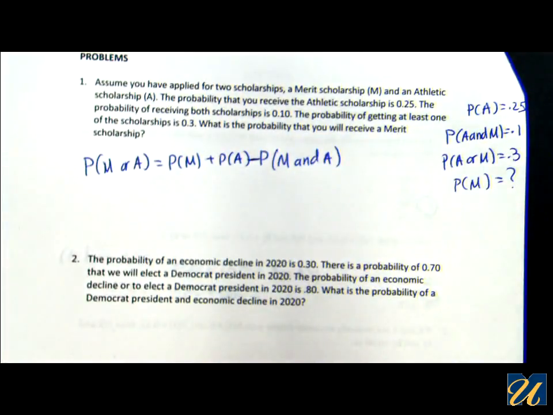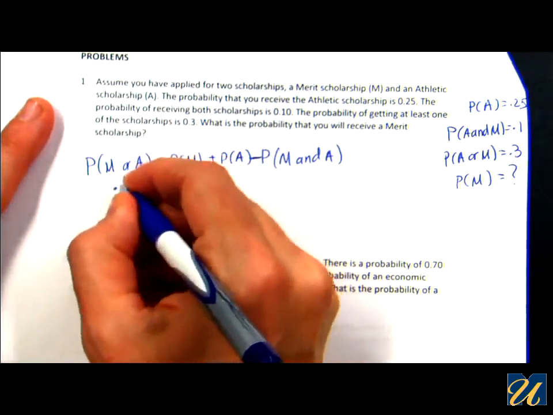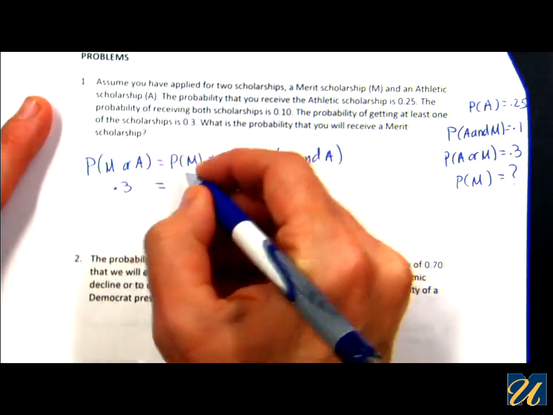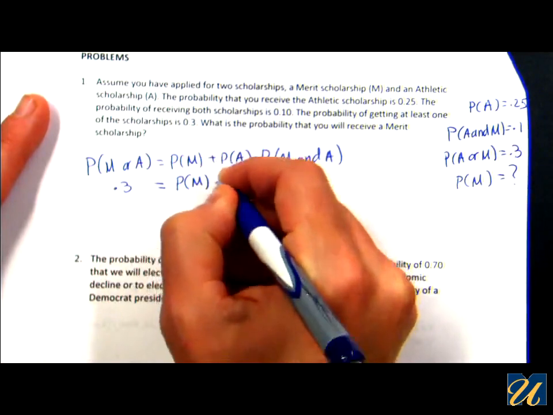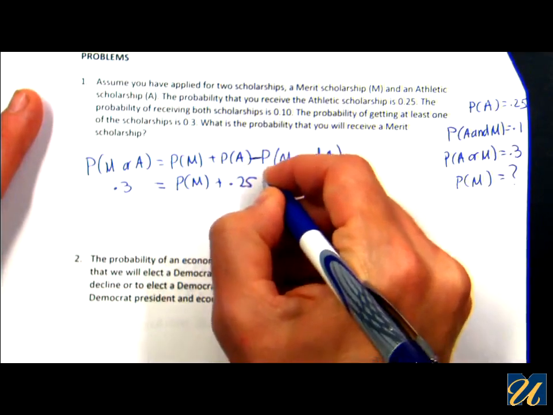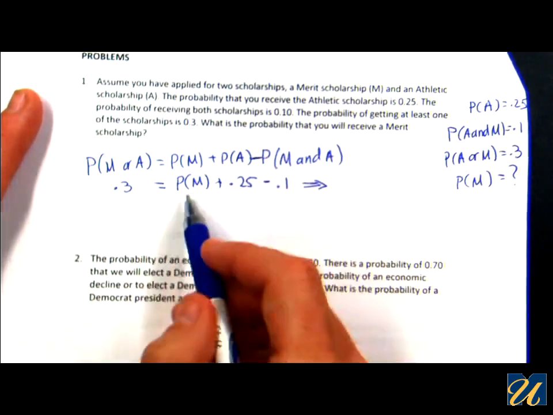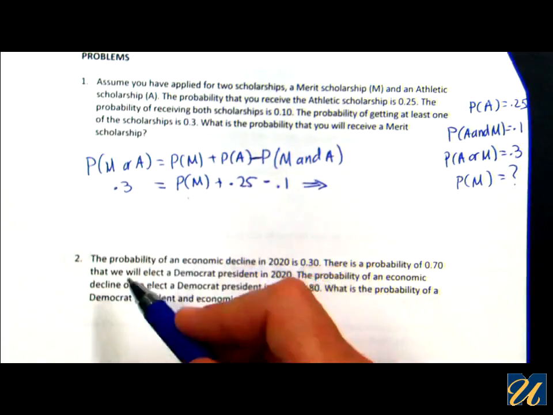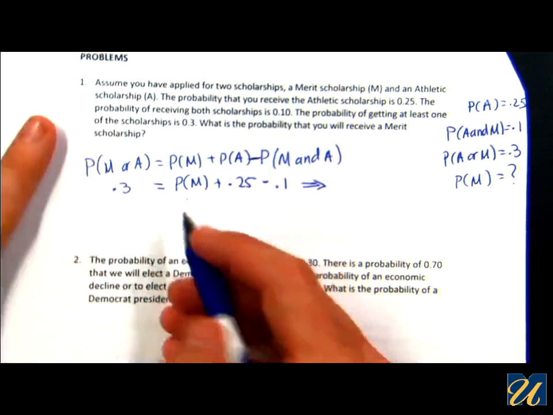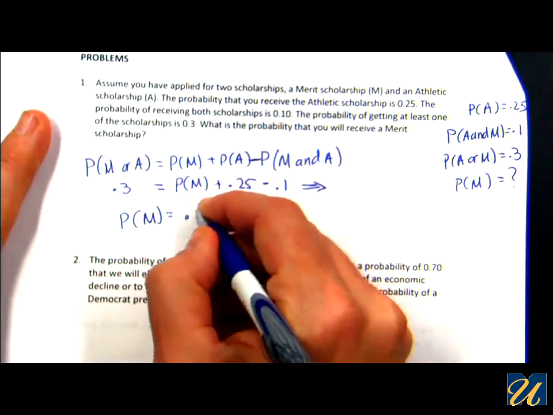So we will basically solve for the unknown. So we have one or the other, 0.3, is equal to the unknown plus probability of A, 0.25, minus 0.1. And from that, if we solve for the probability of receiving a merit scholarship, we will find that the probability of M will be equal to 0.15.